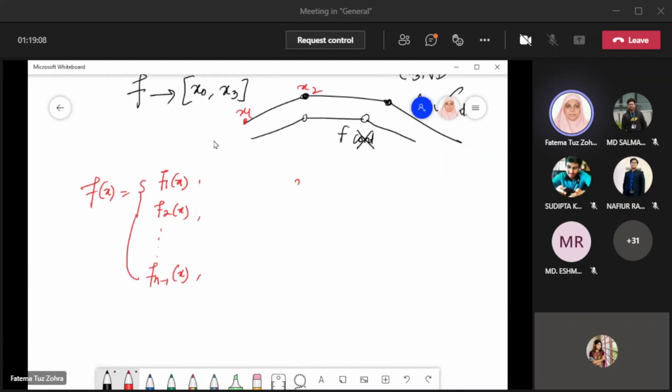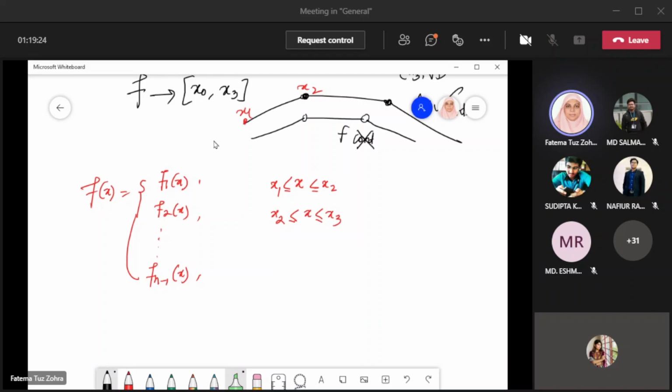This function is valid in the interval x1 to x2, and f2 must start from x2, going to x3. So they share the same point. That's why these are continuous.